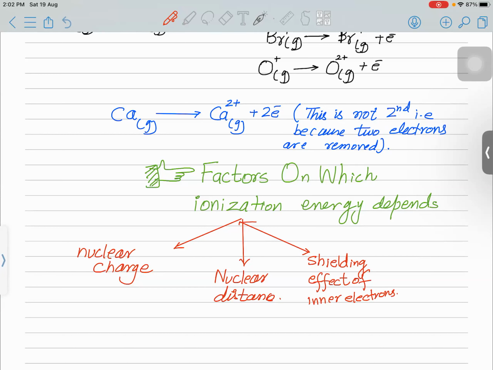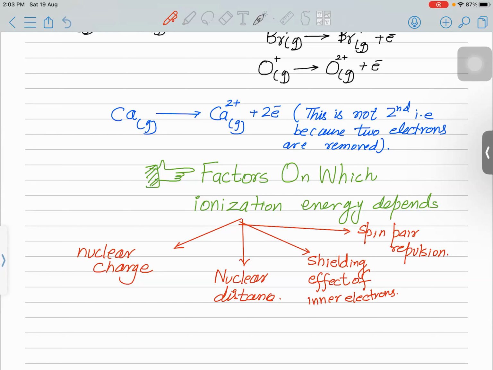And the last one is spin pair repulsion.